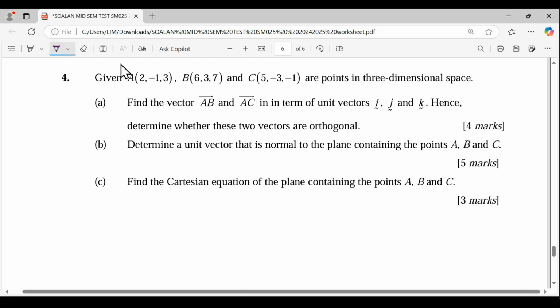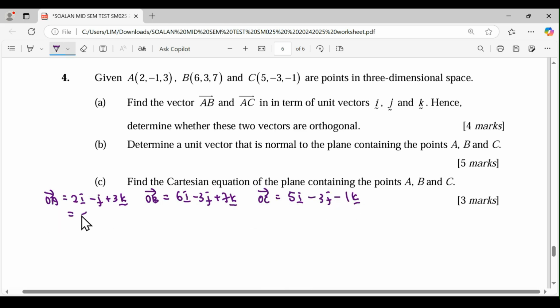So firstly, when you get the points, we can change the points to position vectors, which is OA, 2i minus j plus 3k. And point B become OB, which is 6i minus 3j plus 7k. And then OC, which is 5i minus 3j minus 1k.